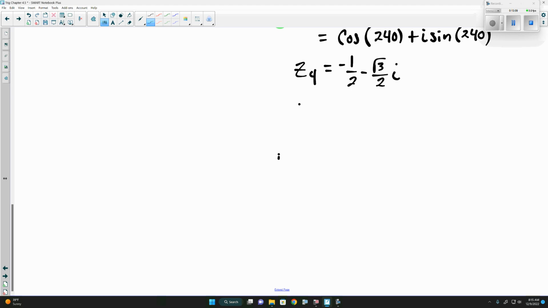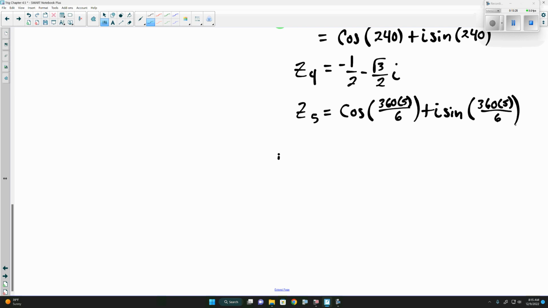And the last one, z sub 5, is going to be cosine of 360 times 5 over 6 plus I sine of 360 times 5 over 6. It's going to be cosine of 300 plus I sine of 300 degrees.